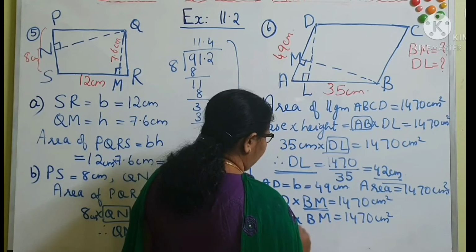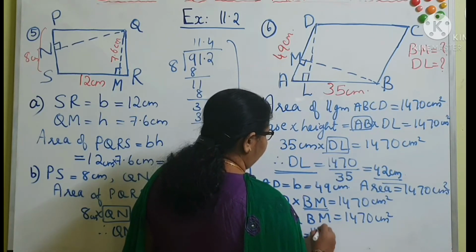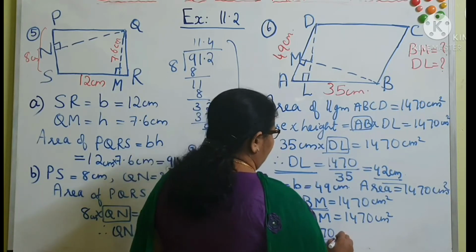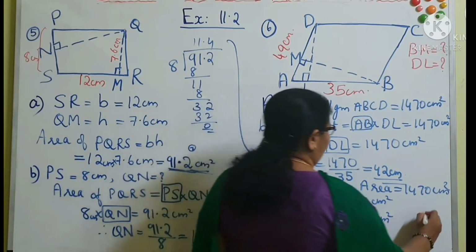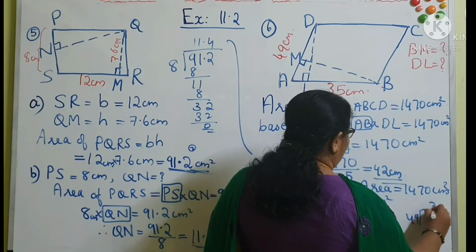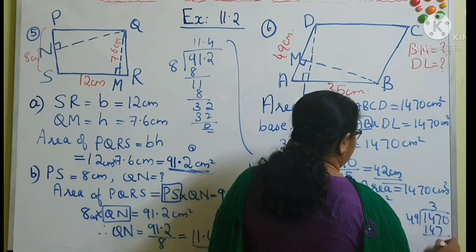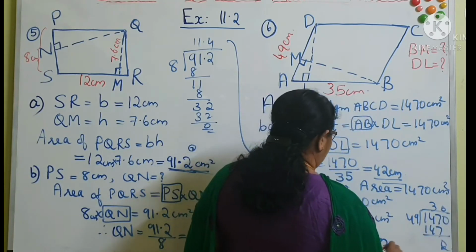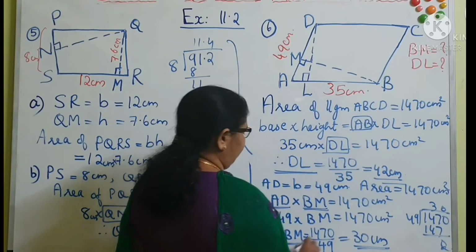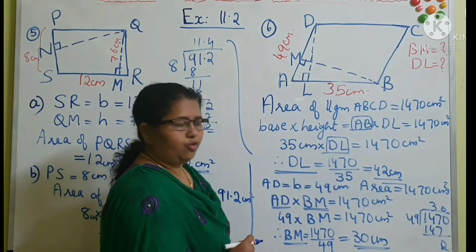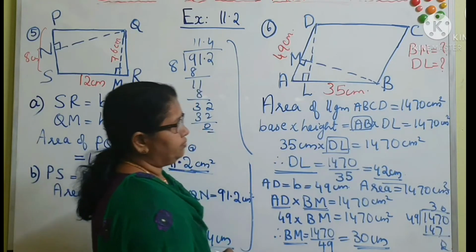Therefore, BM is equal to 1470 divided by 49, 3 times, that is 30 centimeter. So the length of BM is equal to 30 centimeter and DL is equal to 42 centimeter.